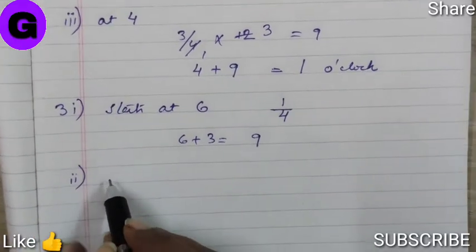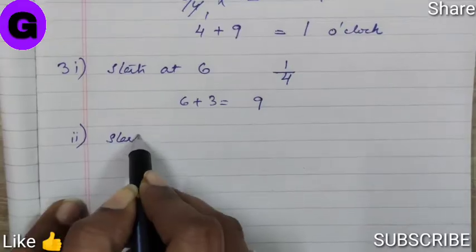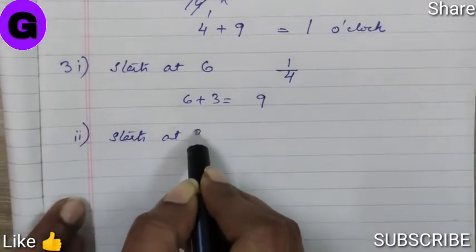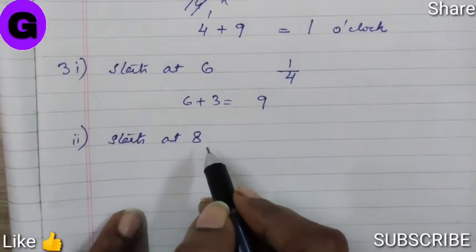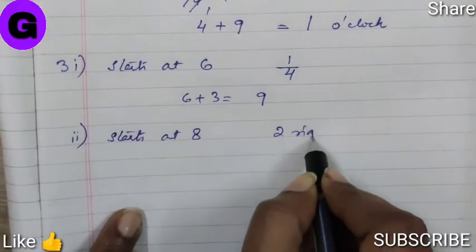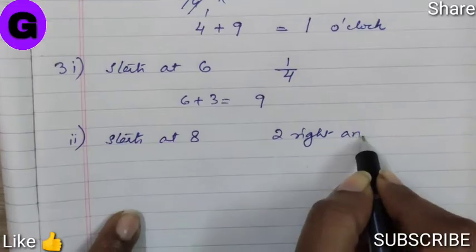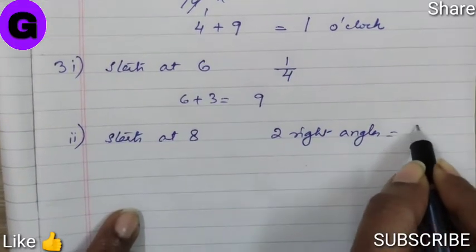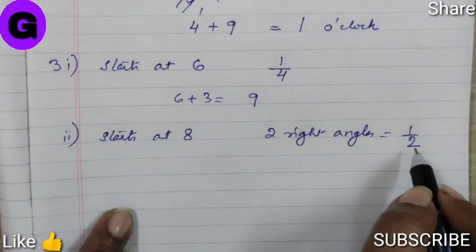Number 2. It starts at 8 and turns through 2 right angles. Now 2 right angles makes half of the clock.